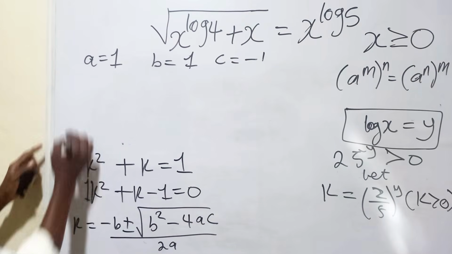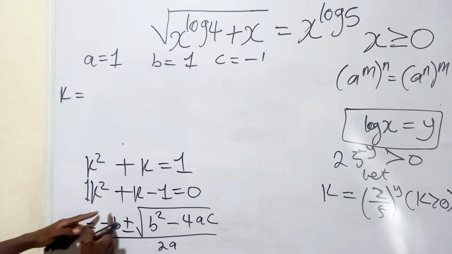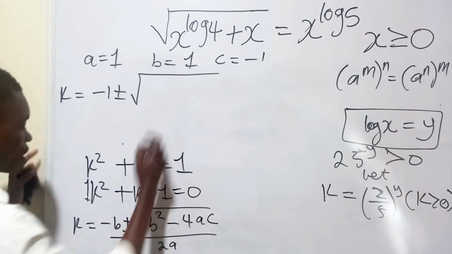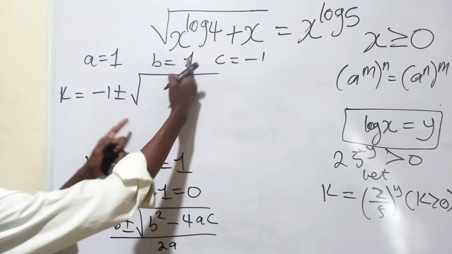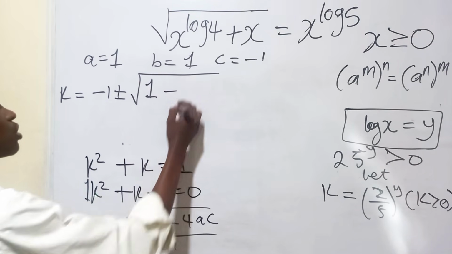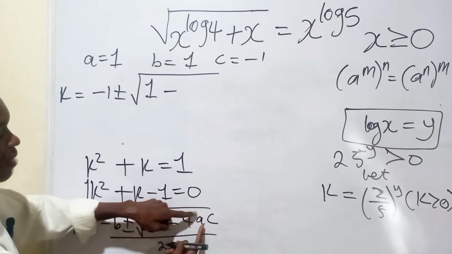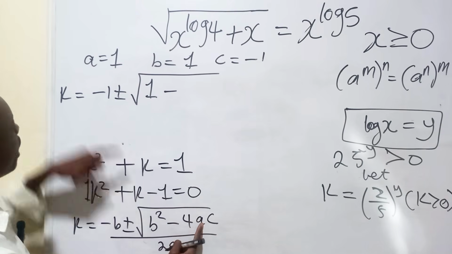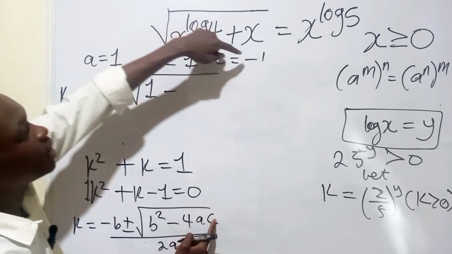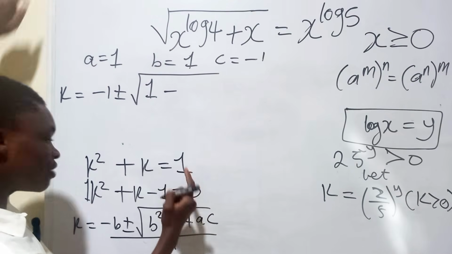So let's substitute. So k equals negative b, which is negative 1, plus or minus the square root of b squared, that is 1 squared, still the same thing, minus. Now this is 4 times a times c. 4 times a, our a is 1, so 4 times 1 is still 4. 4 times c, which is negative 1, so 4 times negative 1 gives us negative 4.